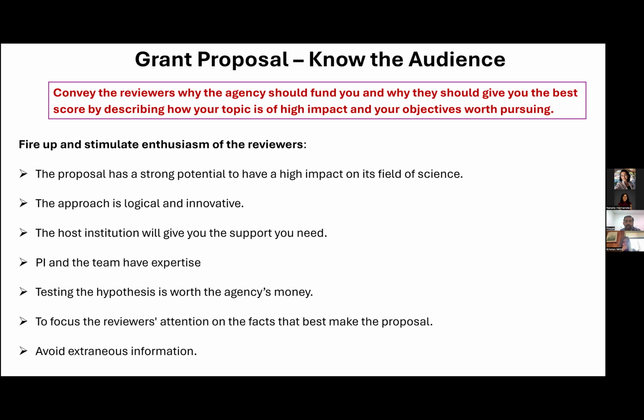And then focus the reviewers' attention on the fact that you made the best proposal. So always try to do the best, and seek extra help from other resources as well. And don't try to write too much. Give only those things which are very, very relevant.